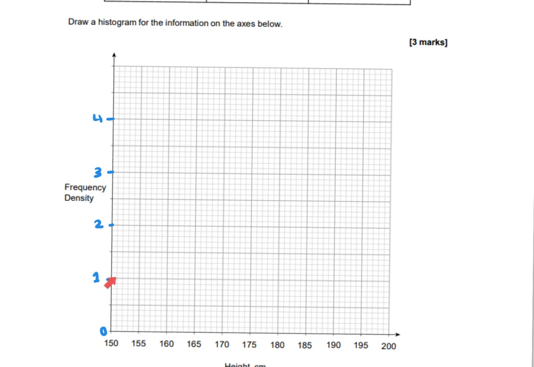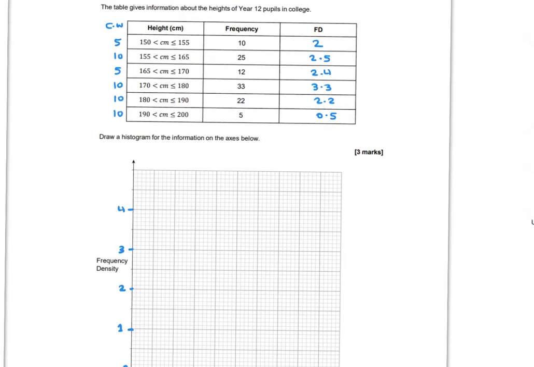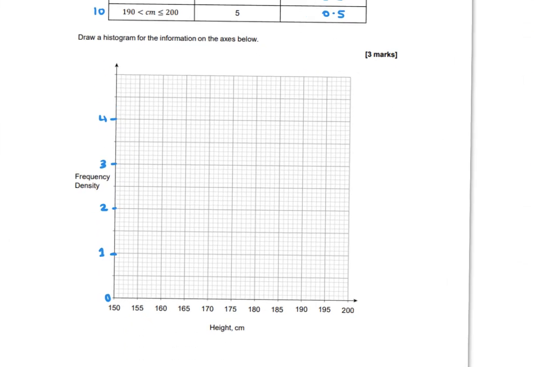Between 0 and 1, we have 10 small squares, so each small square represents 0.1. So for the first class from 150 to 155, the height is 2. You can use the ruler, it's better. From 150 to 155, the height 2. This rectangle represents the first class.